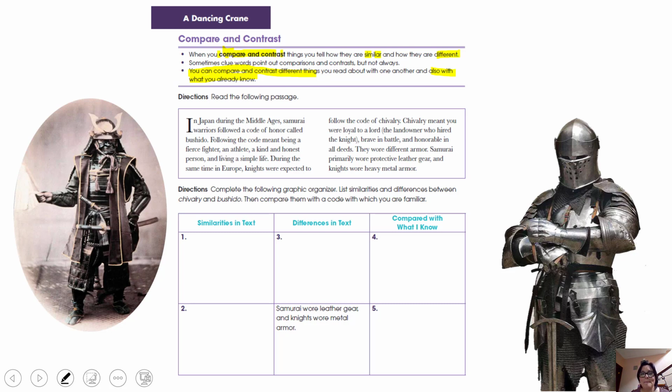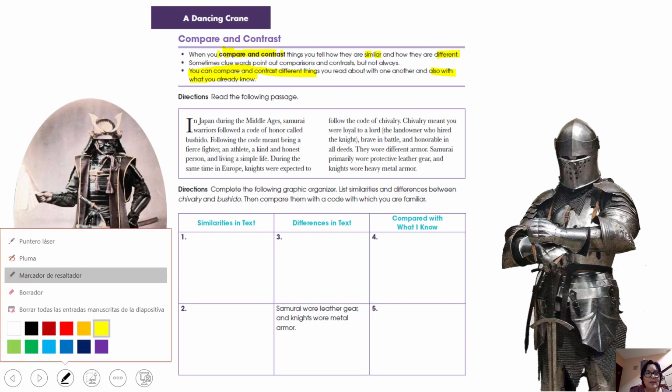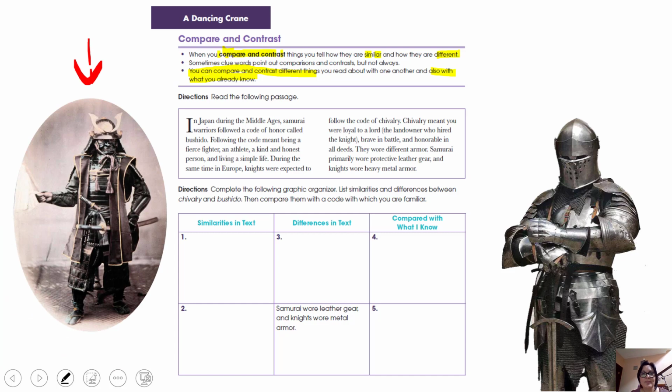So right now, guys, we are going to read this passage and it says directions, read the following passage. Follow the reading with me, please. In Japan, during the Middle Ages, samurai warriors, here you have the samurai warriors, followed a code of honor called Bushido. Following the code meant being a fierce fighter, an athlete, a kind of honest person, and living a simple life.